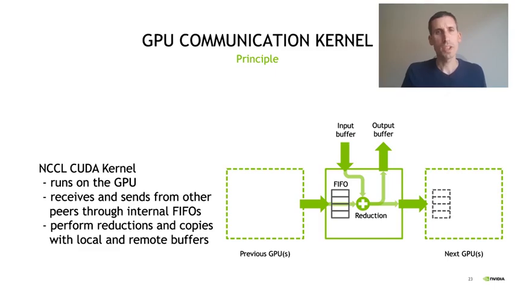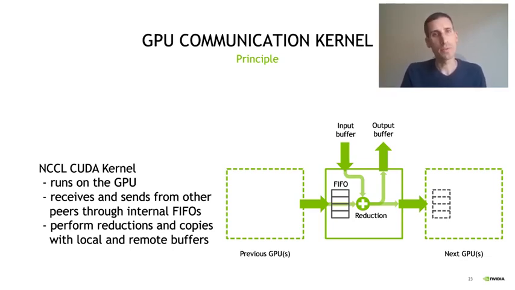So whenever a communication operation is launched, for example, when you call NCCL all reduce, NCCL will launch a CUDA kernel on the stream that is provided. And that CUDA kernel will actually communicate using the path that we have predefined before. And each path will actually be executed by 2 CUDA blocks, which means 2 GPU SMs.